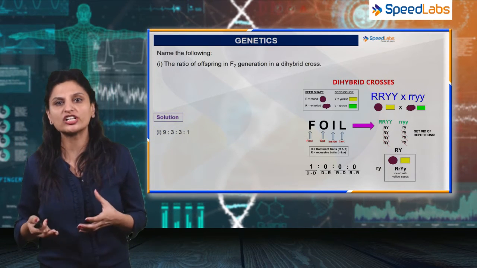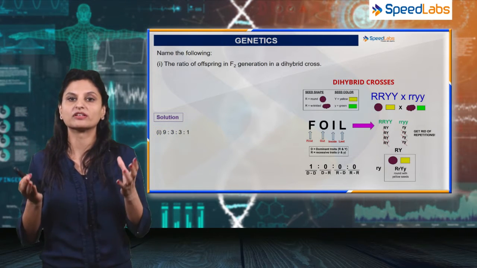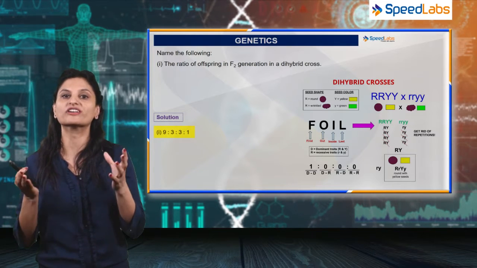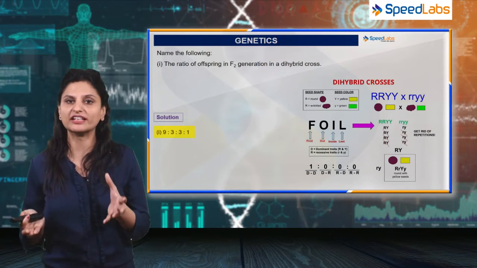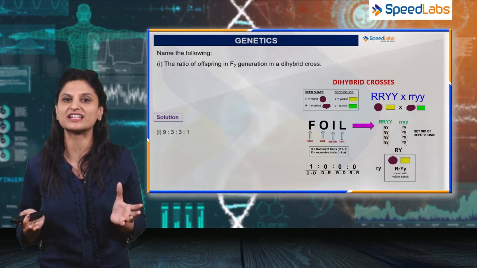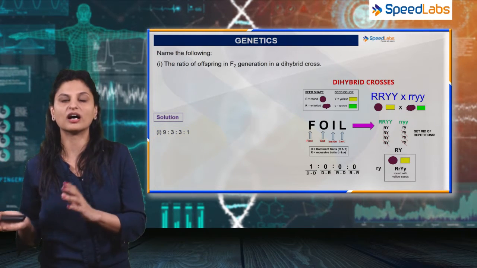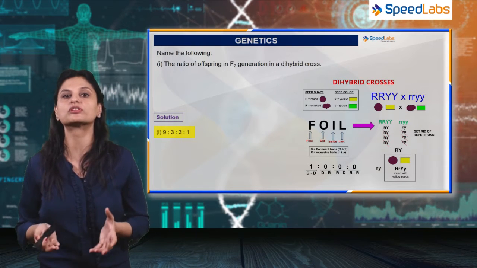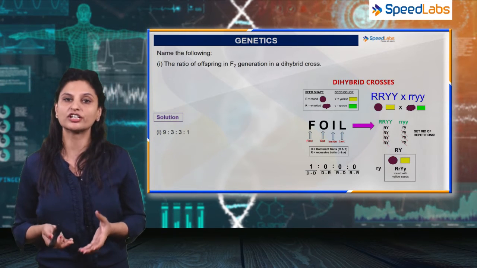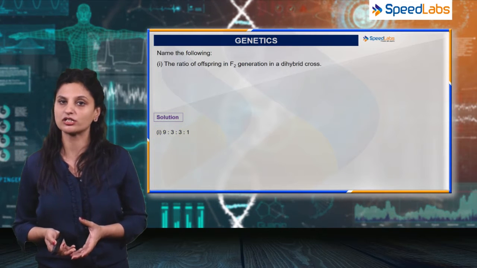Now, on self-pollination of the F1 generation, what we got was the ratio 9:3:3:1, where round yellow were 9, wrinkled green were just 1, whereas we had two new recombinants, round seed with green color and wrinkled with yellow. So these were the new recombinants which were formed and they were 3 and 3. Hence, the ratio is 9:3:3:1 in case of a dihybrid cross.